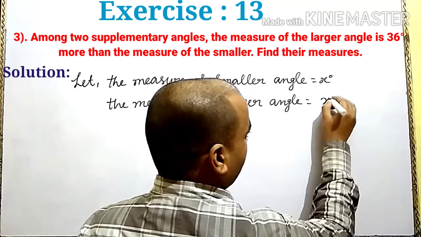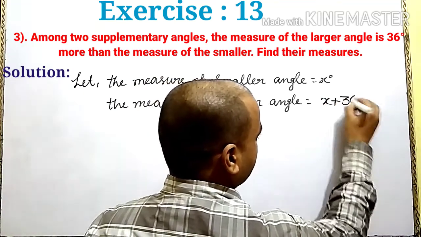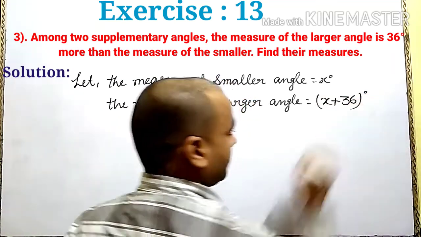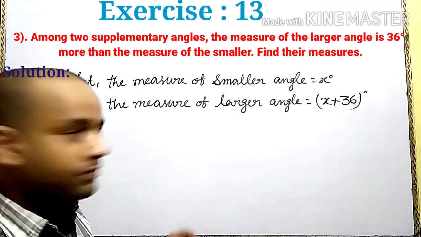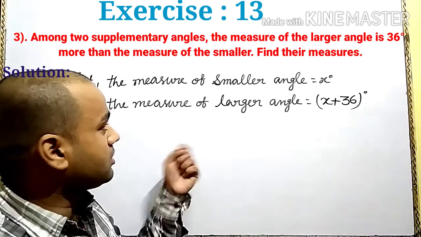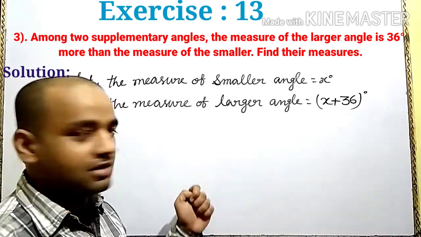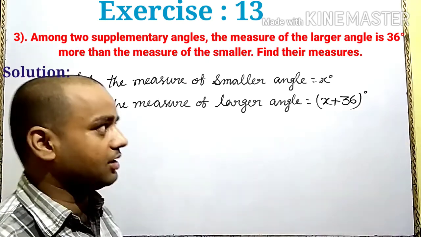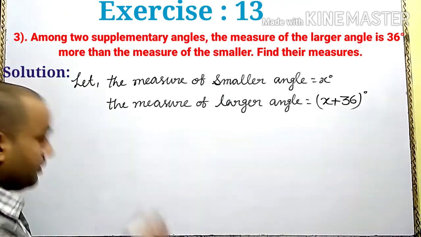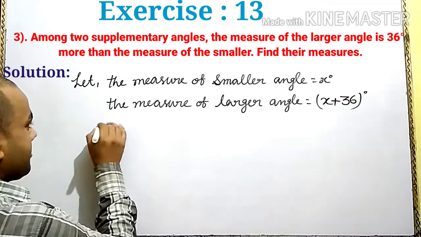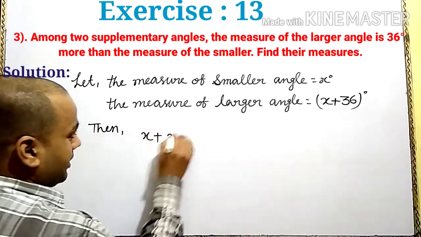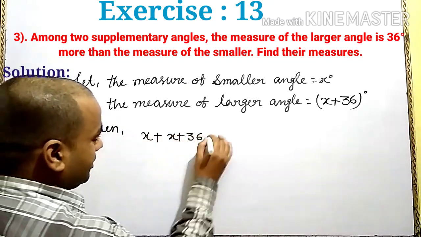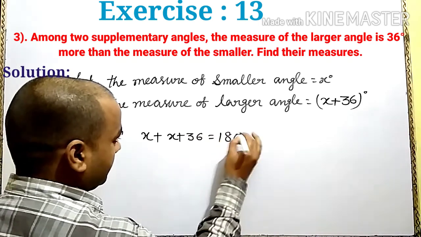So here x plus 36 degree. We know that the sum of supplementary angles is 180 degree. So here we write x plus x plus 36 is equal to 180 degree.